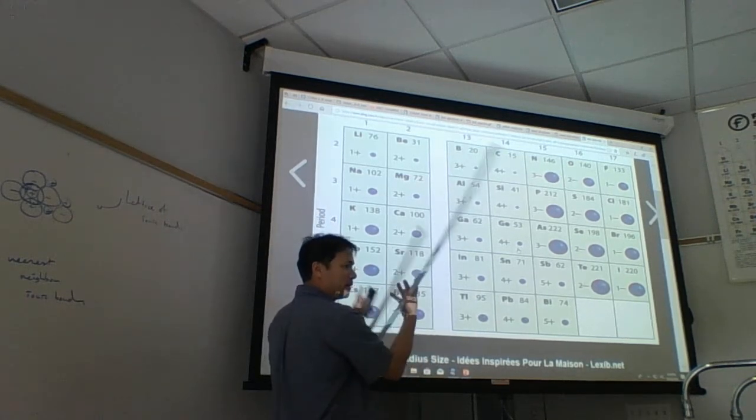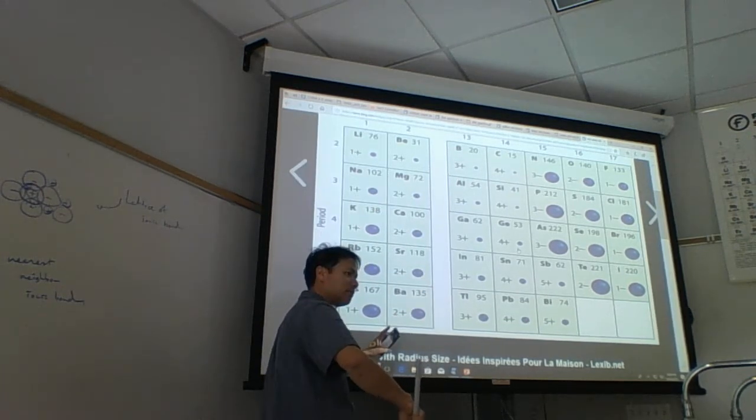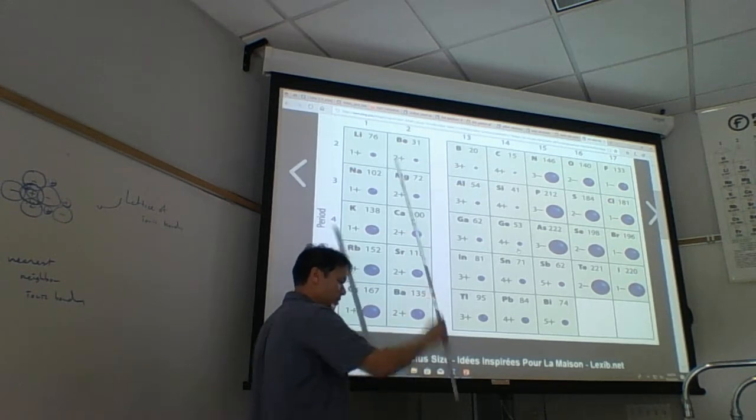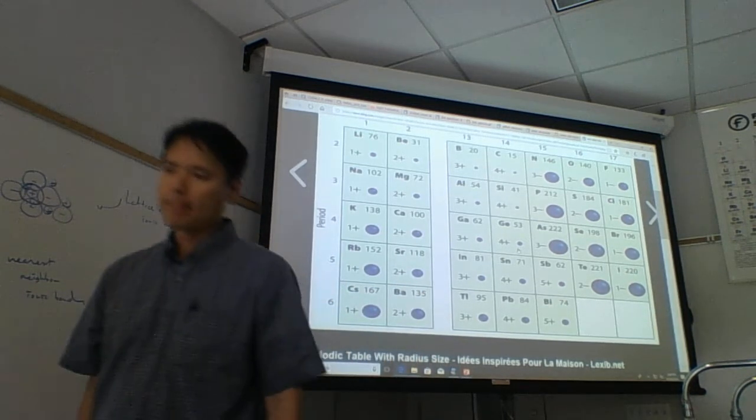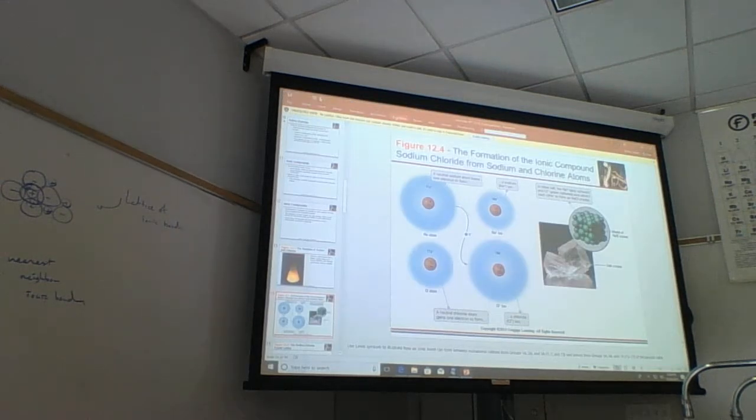Or we kind of flip it. We flip it this way, but it still increases down. And so one way it's flipped, the other way it stays consistent. But beware, don't think the ions are going to have the same size as the parent atoms. They don't. So that's what we see here.